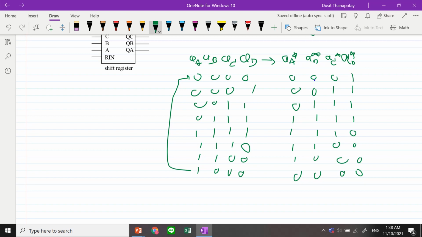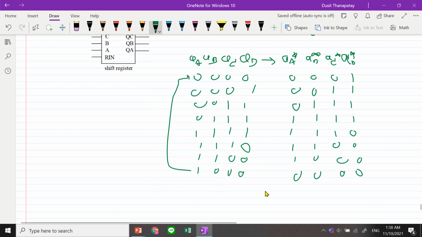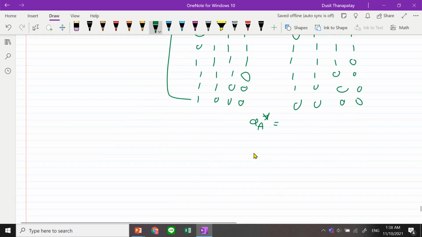Okay. First, QA star. QA star equals something, right? QB star equals something. QC star equals something. QD star also equals something.